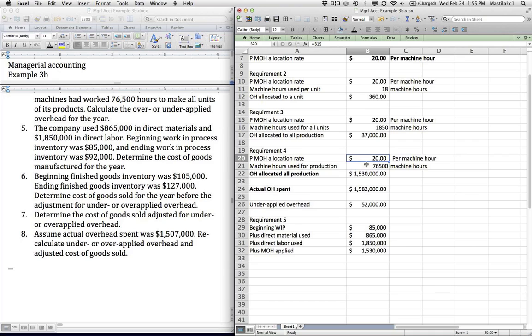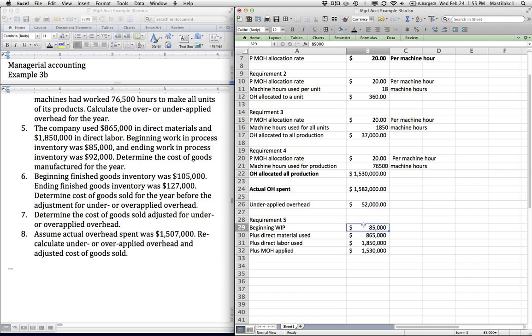So during the year, we use this approach of taking the number of machine hours, multiplying it by $20, and by the end of the year, what's happened is we've worked 76,500 machine hours, multiplied each one of those by $20, and so the total overhead applied is going to be $1,530,000. We don't know the $1,582,000 until after the year's already over, and when the year's already over, the overhead that's been applied is the $1,530,000.